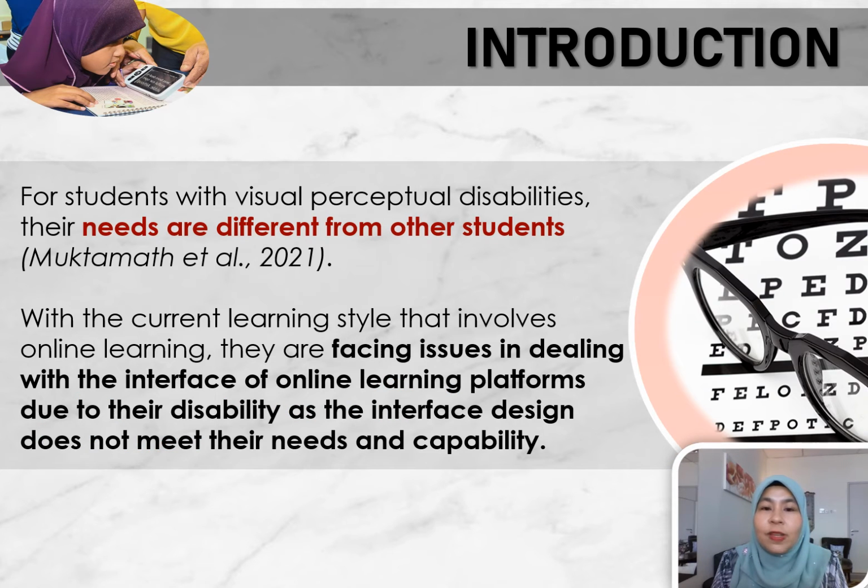For students with visual perceptual disabilities, their needs are different from other students. This is stated by Muktama et al. in 2021. With the current learning style that involves online learning, they are facing issues in dealing with the interface of online learning platforms due to their disabilities, as the interface design does not meet their needs and capability.